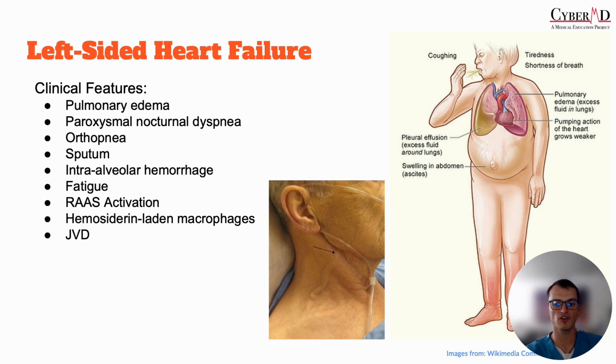So let's go back to talking about this intraalveolar hemorrhage that occurs secondary to all this pulmonary congestion, this engorgement, and this increased pressure on pulmonary capillaries. This intraalveolar hemorrhage leads to a very specific subset of microscopic findings known as hemosiderin-laden macrophages, or heart failure cells.